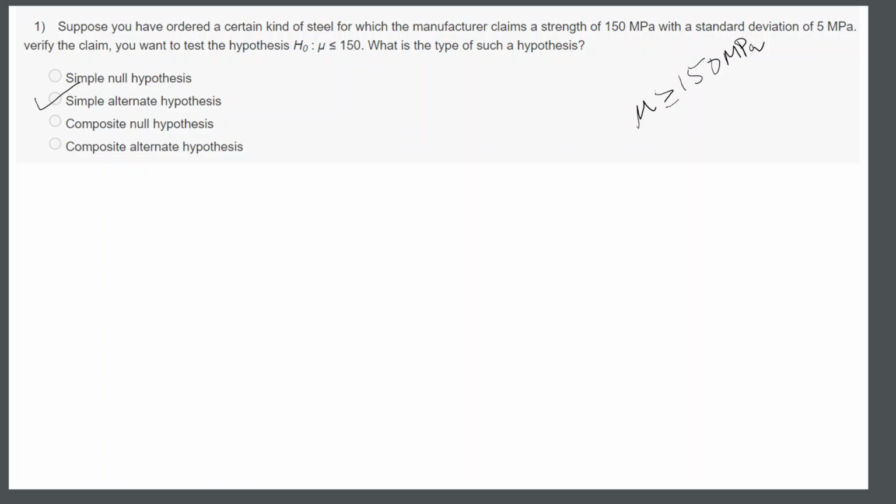They have clearly stated that if it is 150, then the null hypothesis is true. If it is less than that, the alternate hypothesis is true. That is what the discussion is here. It is based on a single value, so we call it a simple alternate hypothesis.